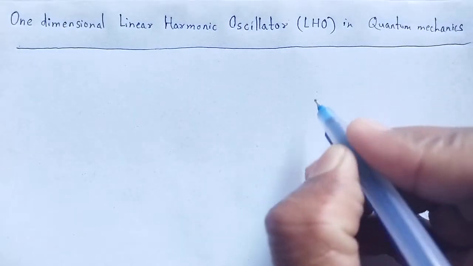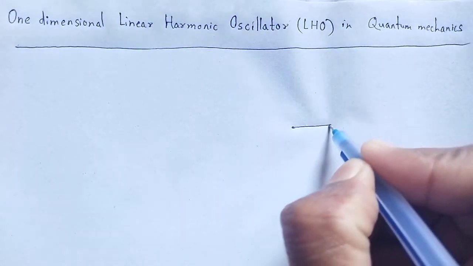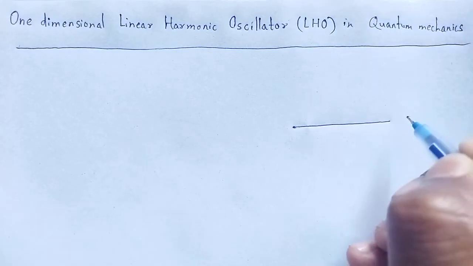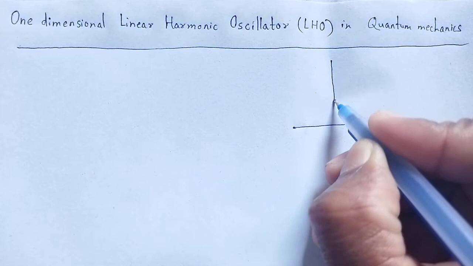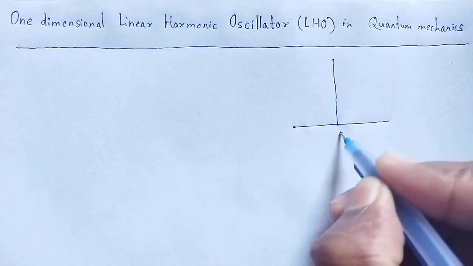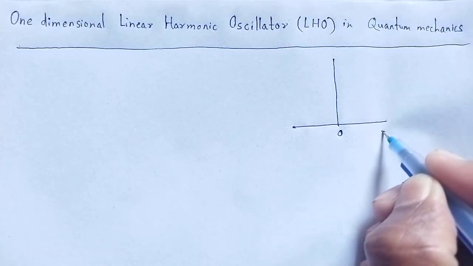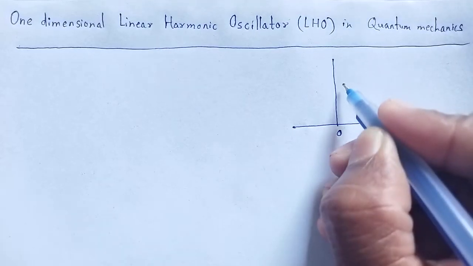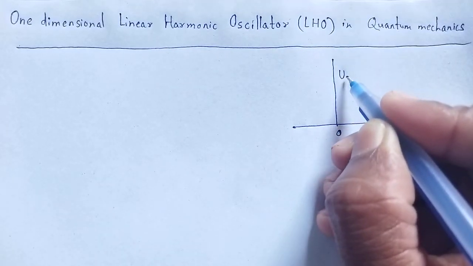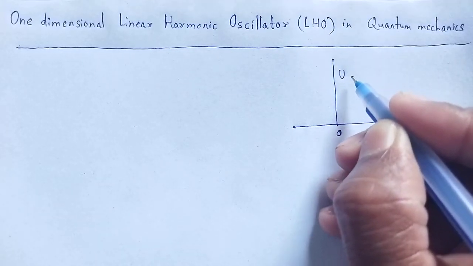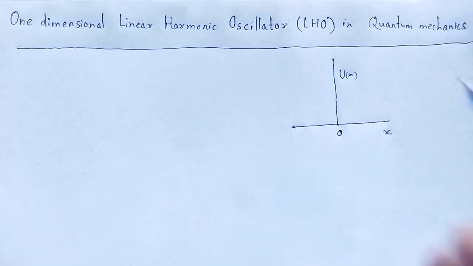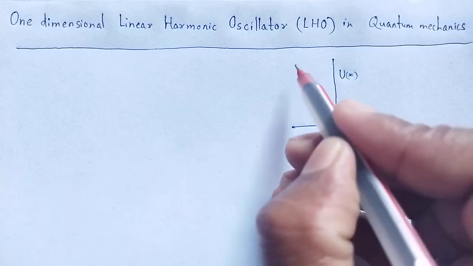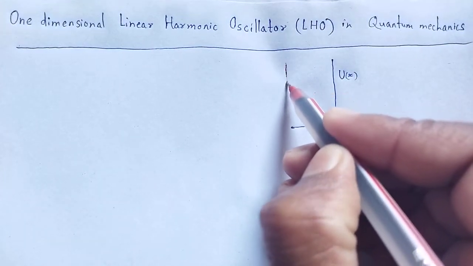If I draw the graph between potential and displacement, this is the displacement axis and that is the potential axis, then the graph looks like this, just like a parabola.